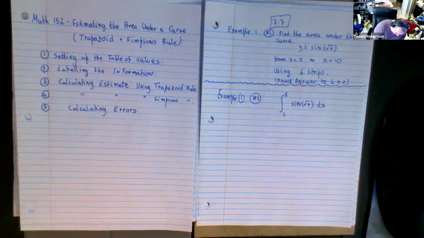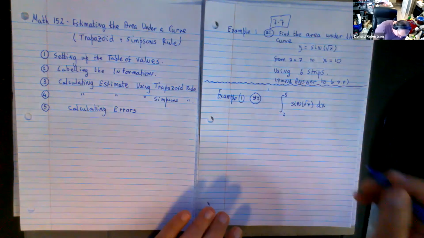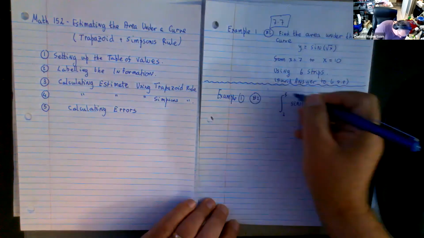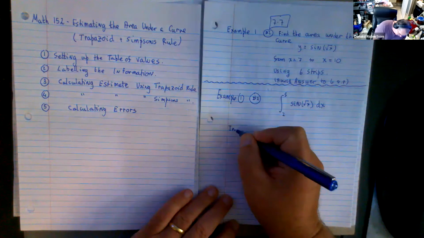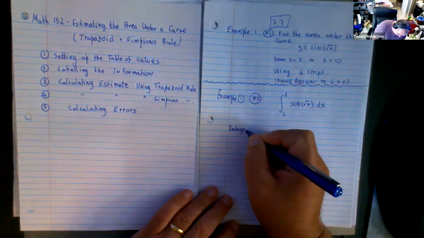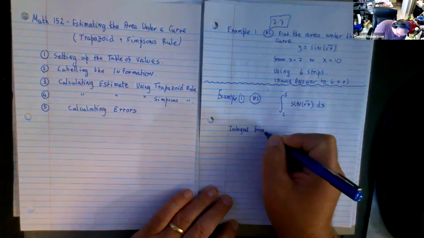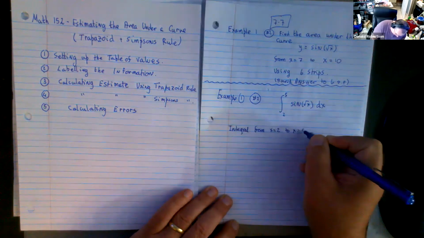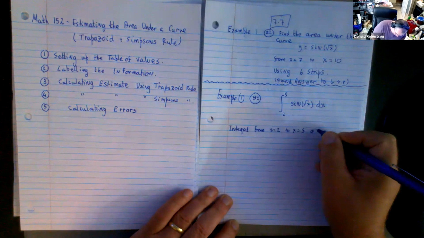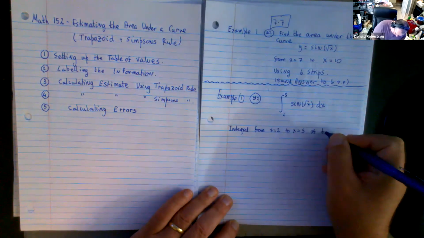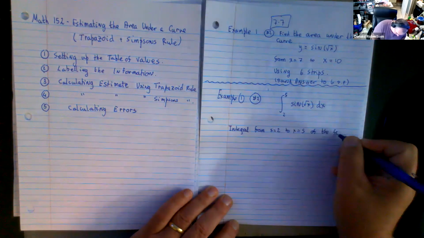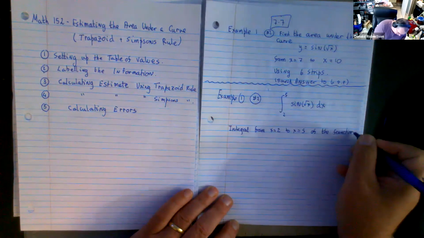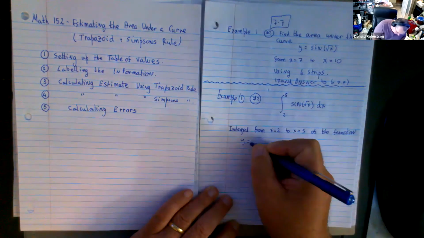If you want to read this out loud, you say it's the integral from x equals 2 to x equals 5 of the function y equals the sine of the square of x.